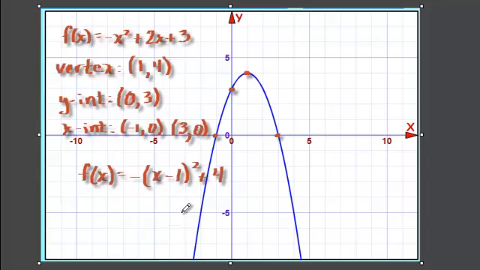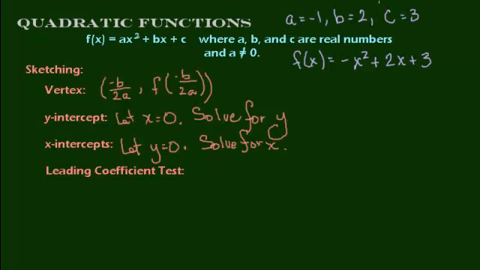And notice that I can read the vertex right off. There's my h, there's my k. The vertex happens at 1, 4. Notice that change in sign on this h once again if you're using standard form, and choose to use that method in order to find your vertex.